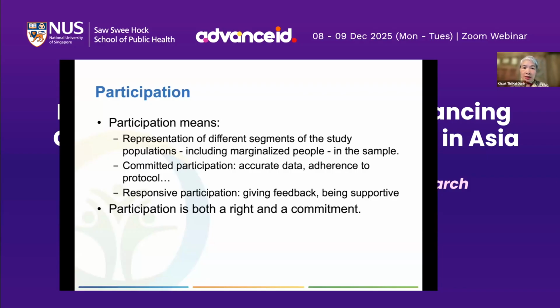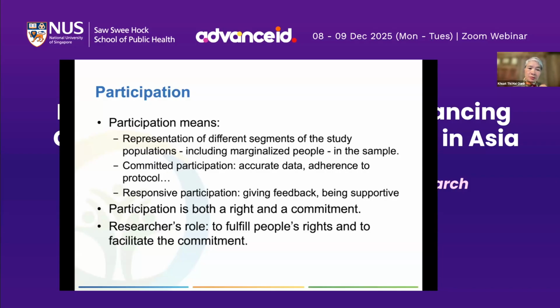I just want to say that participation is both a right and a commitment. It's a right for different groups in the population to participate, so that the research result would reflect their experience as well. But participation is also a commitment, like I mentioned before. As researchers, our responsibility is to fulfill people's rights and to facilitate the commitment.